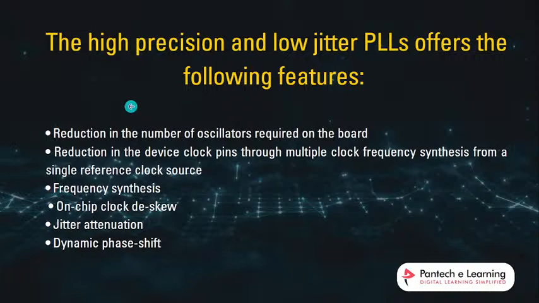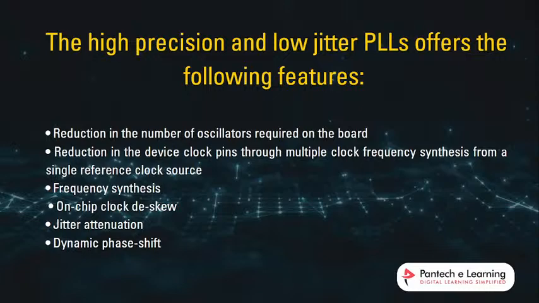And let's see the features that high precision and low jitter PLLs offer. Our FPGA board having PLLs gives features like redundancy, reduction in the number of oscillators required on the board, and reduction in the device. Clock pins show multiple frequency synthesis for a single reference clock source, and it also gives frequency synthesis on chip, clock deskew, and jitter attenuation.